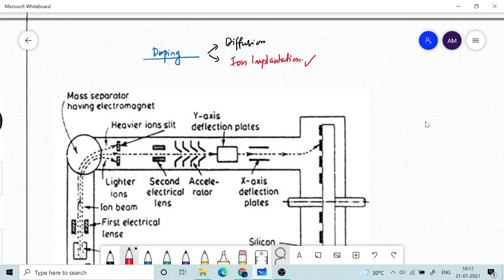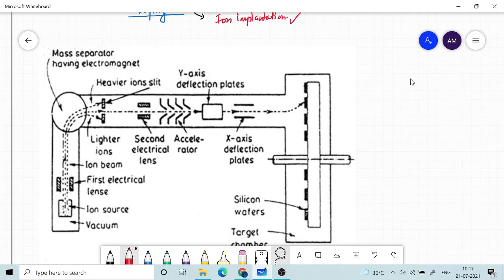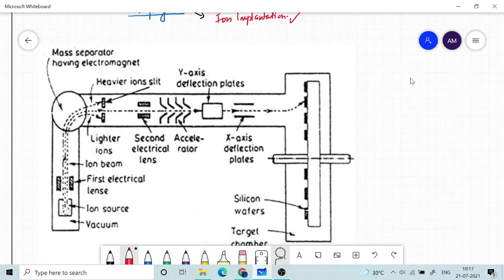It has good control, and we don't need high temperature, and high temperature processes are always eliminated when you handle the wafer. Usually we don't expose it to high temperature, because then all the n-type and p-type impurities will move to far away regions, which is undesirable.